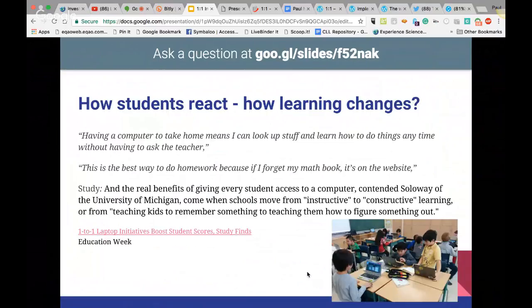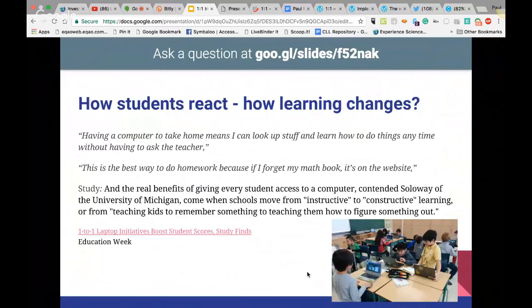And really, when you're talking about expense, you can see in the second comment that when it came to math, the student said, well, I don't have to worry about my math textbook so much because everything is online. And there are some really good math websites and programs that students can use.